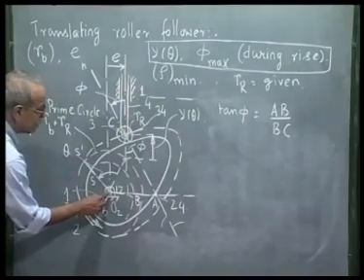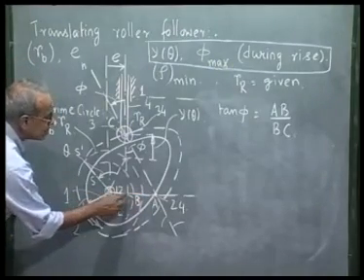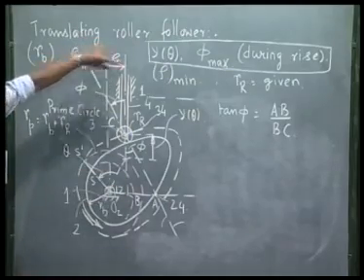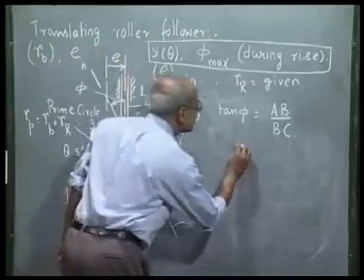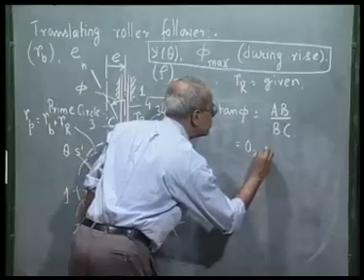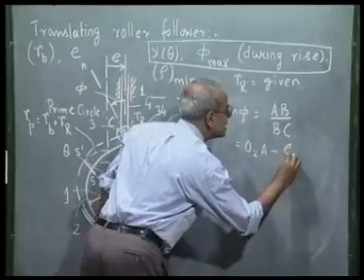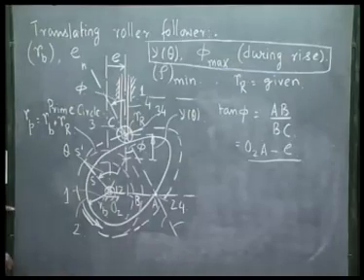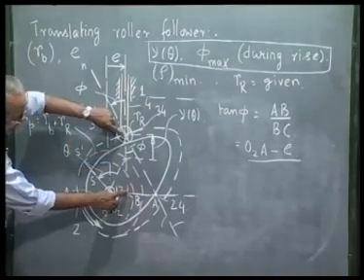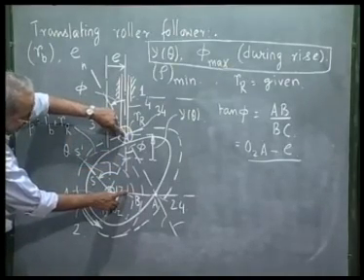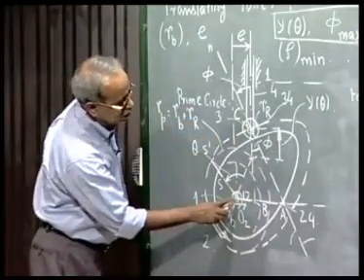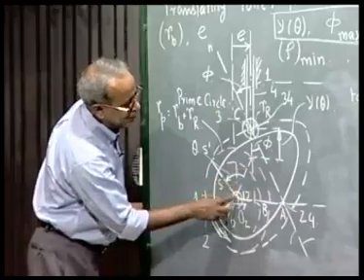Now let me see what AB is. AB is nothing but O2A minus O2B, and O2B is nothing but e. So I can write this as O2A minus e, divided by BC. And what is BC? BC is this vertical distance, out of which this is y and this is the square root of rp squared minus e squared.